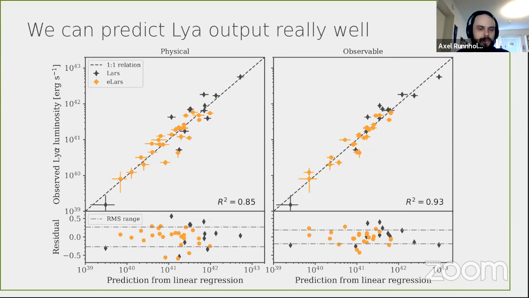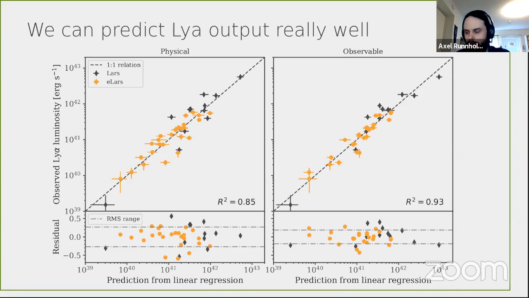The left column shows the regression model based on physical variables, so star formation rates, dust extinction, that sort of thing, and there we predict 85% of the variance in the sample. If we go to the observables, so far UV and things like that, we get up to 93% of the variance in the sample in our models.